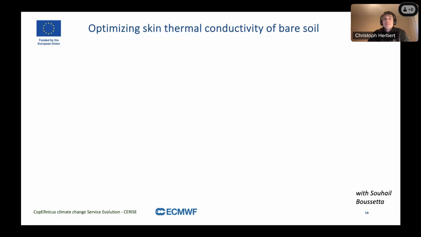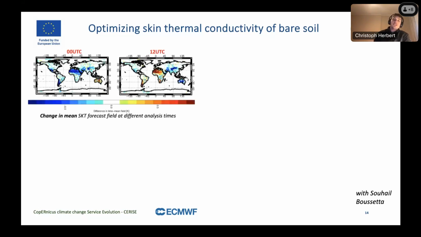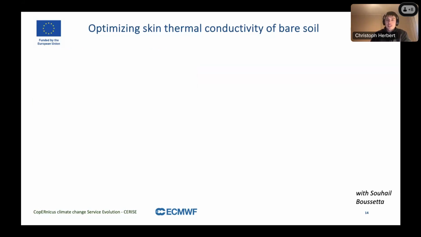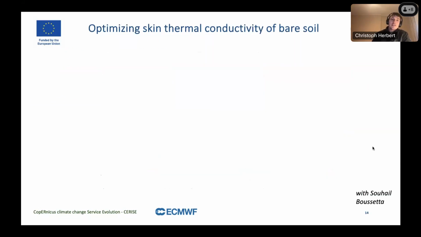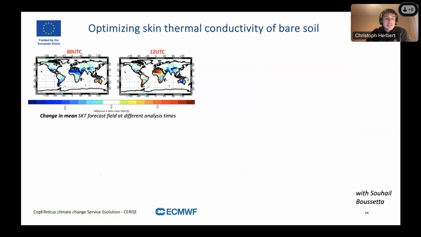If this coupling is too high, we reduce the diurnal cycle of the skin temperature. So the idea was to reduce the thermal conductivity. Here is a new experiment comparing the configuration with the highest coupling against the one where I'm reducing the skin thermal conductivity over bare soils.